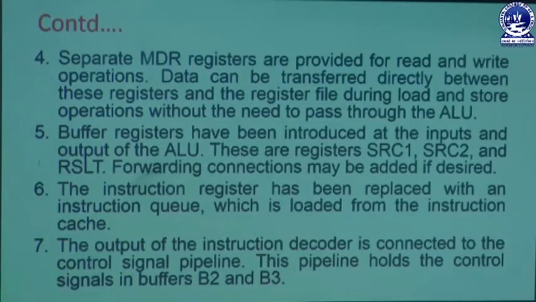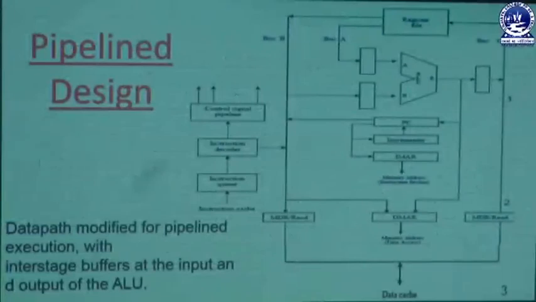So, as you can see here in the previous diagram, here we are using separate MDR registers. Okay. So, one is used for read, another one is used for write. I have written here read because we are just reading whatever the data is in the register file. After reading from this, then we are writing. Okay.